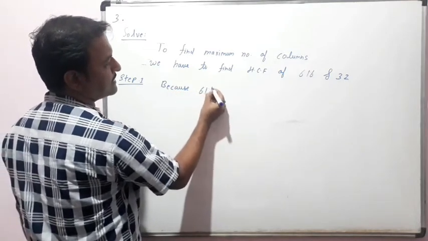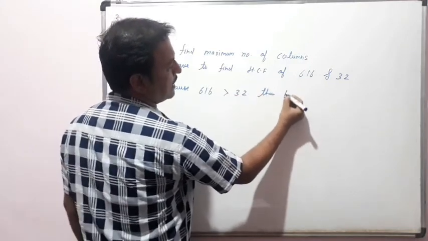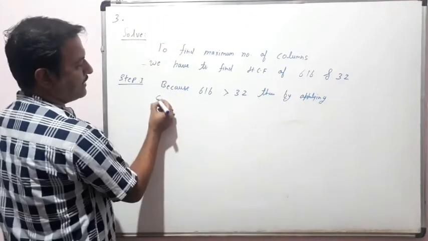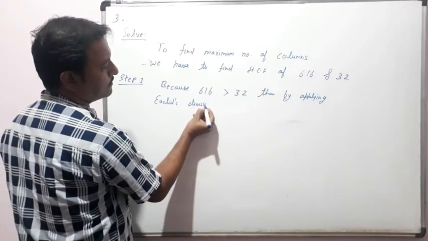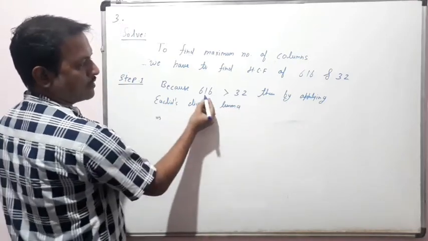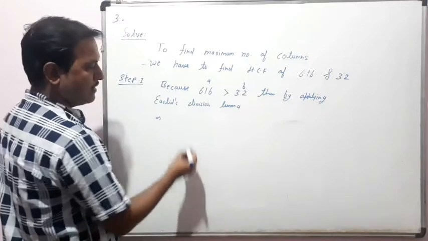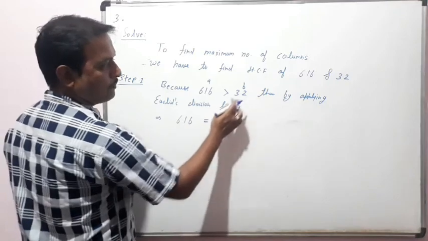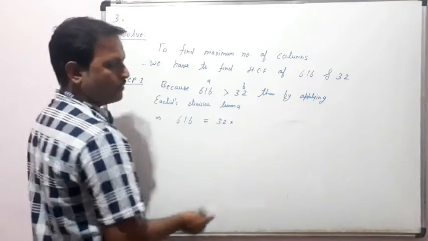Because 616 is greater than 32, then by applying Euclid division lemma, 616 will act as A and 32 will act as B. So 616, that is A, is equal to B, 32, into Q plus R.